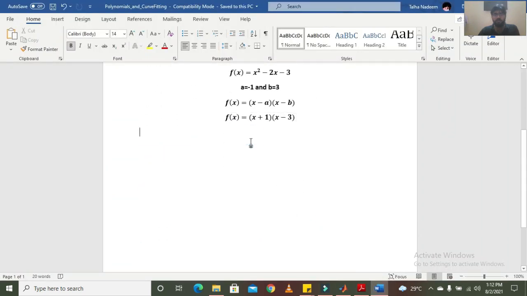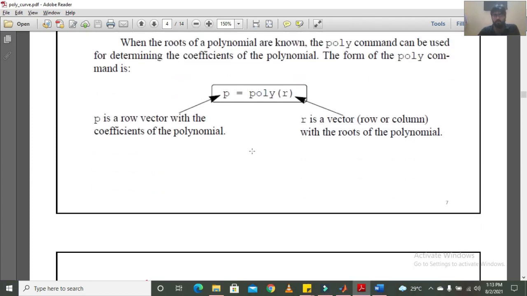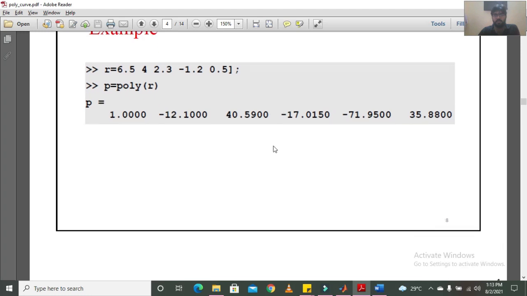We have studied polyval function, we have studied roots function, and we have studied poly function. So again an example has been attached in the lectures.